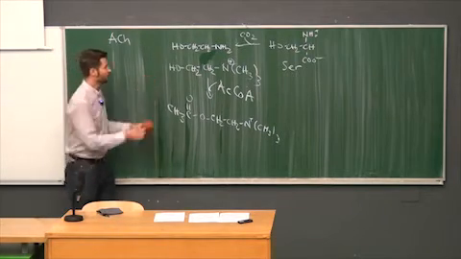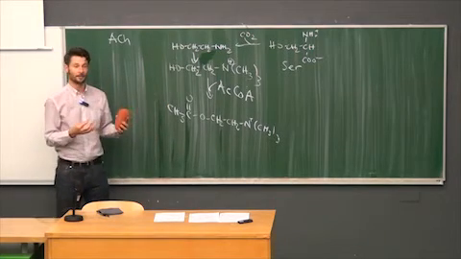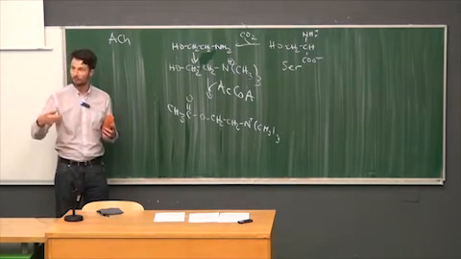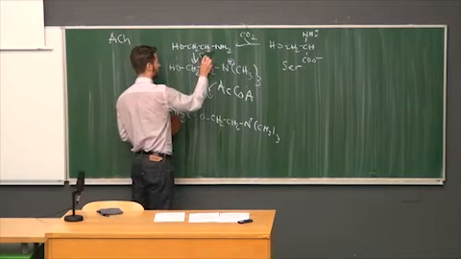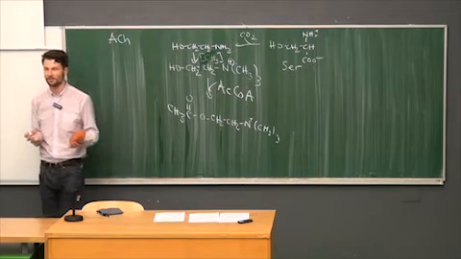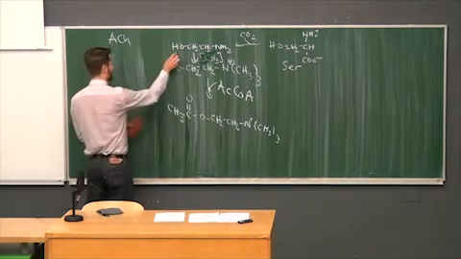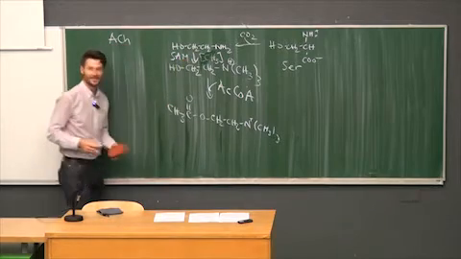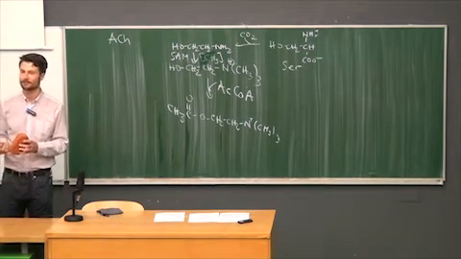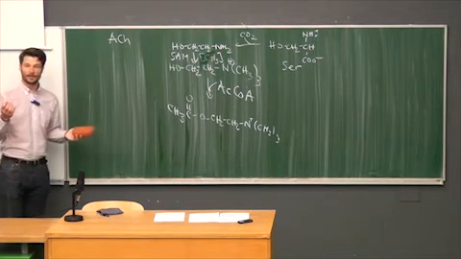From ethanolamine, we make choline by triple methylation, so we methylate it three times. What do you think is going to be the source of the methyl group here? Very good. You're in luck. It is indeed S-adenosylmethionine, and we make choline.